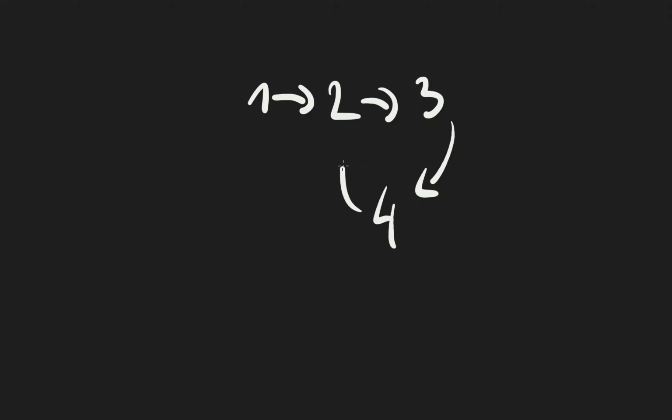1 points to 2, 2 points to 3, 3 points to 4, and 4 points back to 2. We will have one pointer, and every time we visit a node, we will check if the current node is inside a hash set.